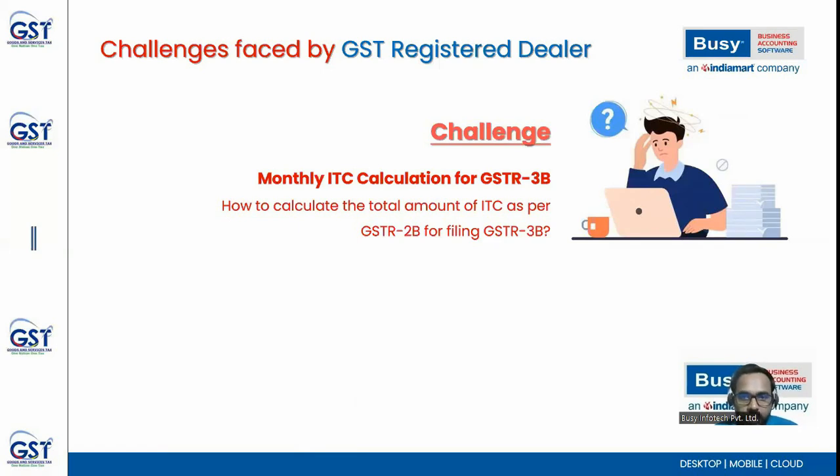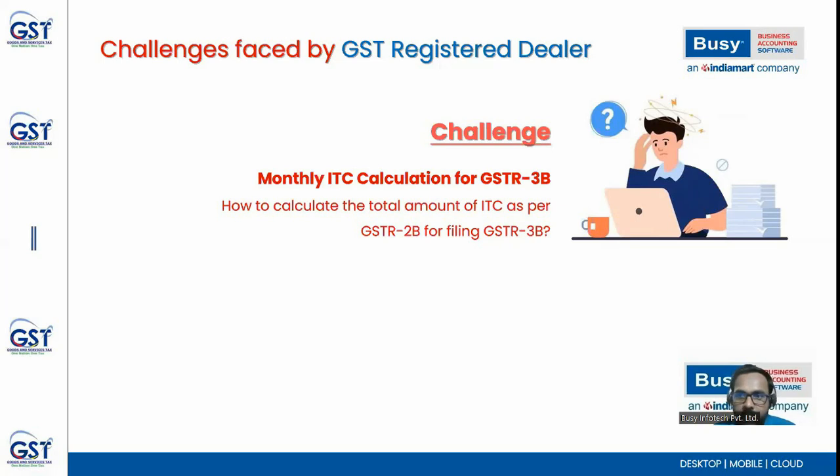GSTR 2B is an auto-populated report available on the GST department portal. After the vendor uploads their data to the GST department portal, that GSTR 2B will be generated. You can download this GSTR 2B report directly to the software, and then you can compare the data. Later on you can make the payment in GSTR 3B.